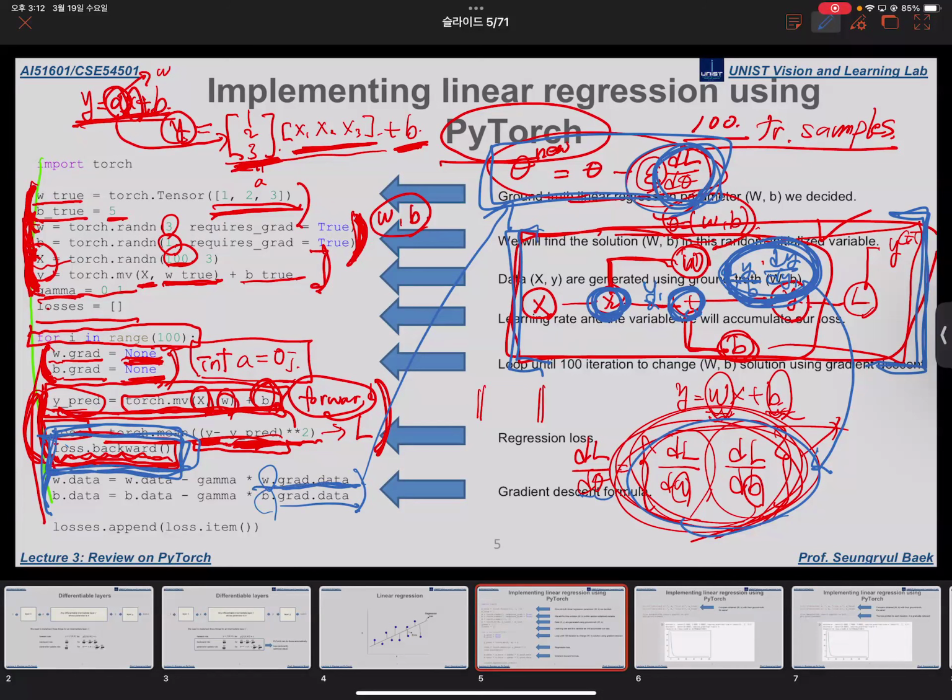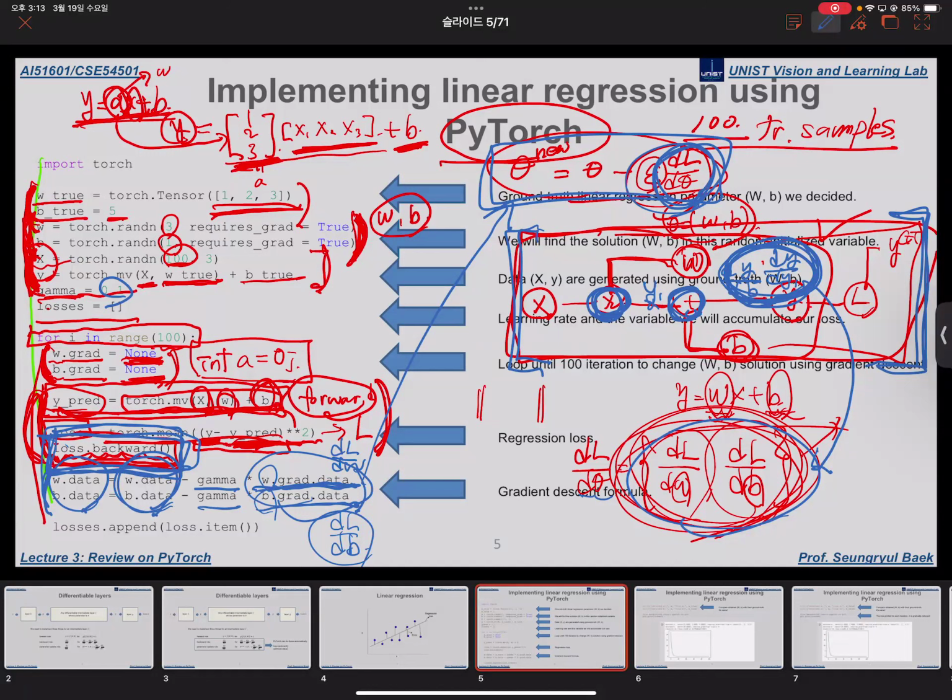Okay, so here, dL/dW is stored already, and b.grad, dL/dB, is already stored. And the thing you have to do is multiply some small scalar value you set to these gradient values, and add to the previous parameter values. Okay, then this becomes the new parameters.